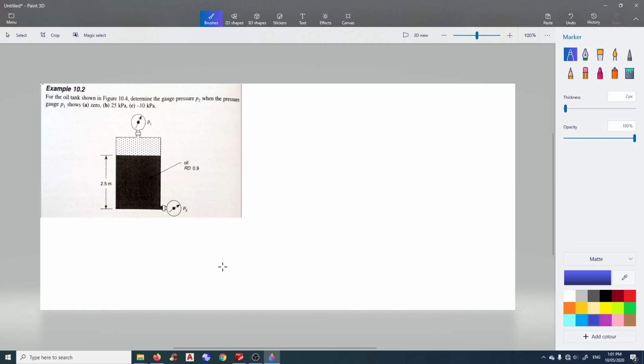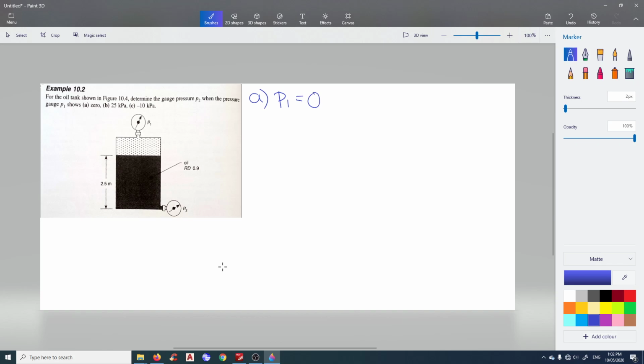When the pressure at 1 is 0, I'll just do this, so P1 equals 0. Do you remember the formula to calculate the pressure of the fluid from Bernoulli's?